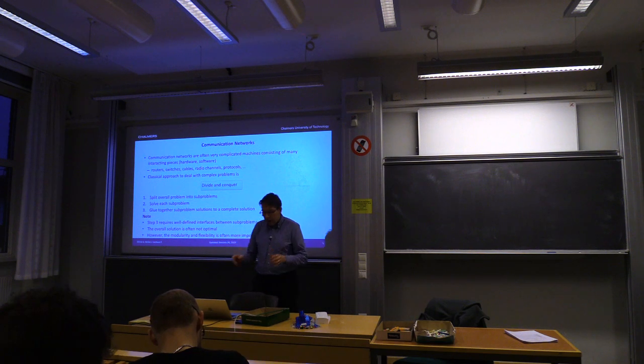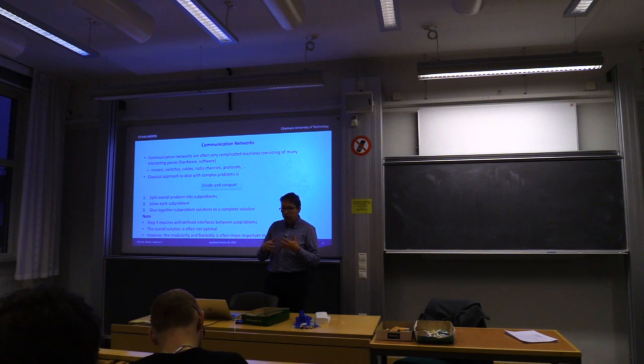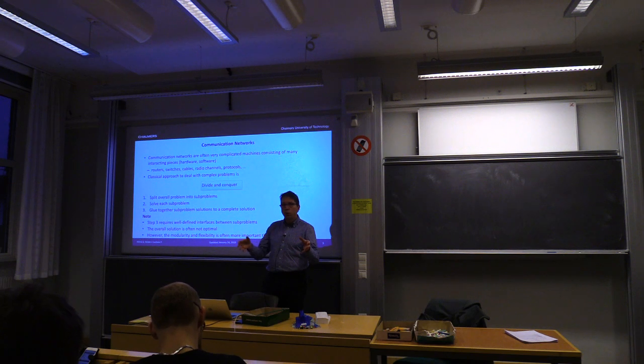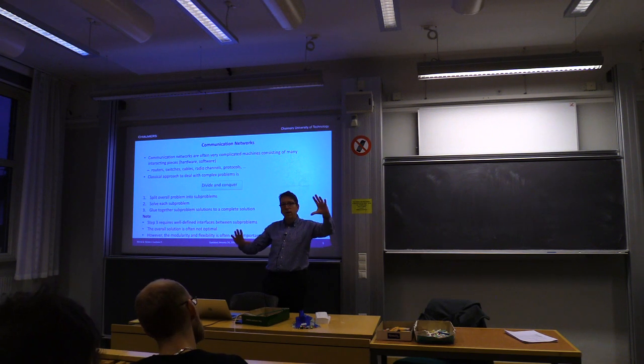So when designing a very complex machine, whatever it is, how do we deal with this? Well, typically if you have 100 engineers, they cannot work on one monolithic design, right? You typically divide up the machine into smaller pieces.